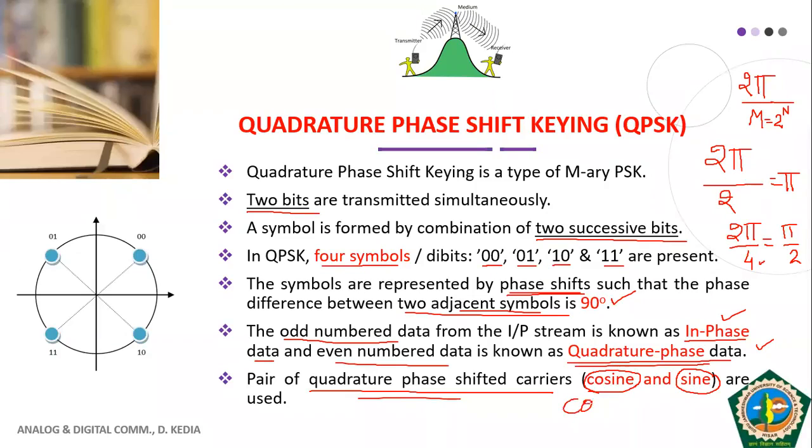We call these quadrature carriers, because there is a relationship of 90 degrees between them. You know that cosine and sine are related to each other by a phase difference of 90 degrees. That's why we call them quadrature phase shifted carriers. That was the main concept of quadrature PSK.